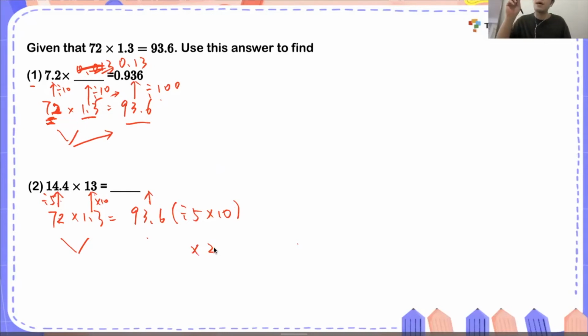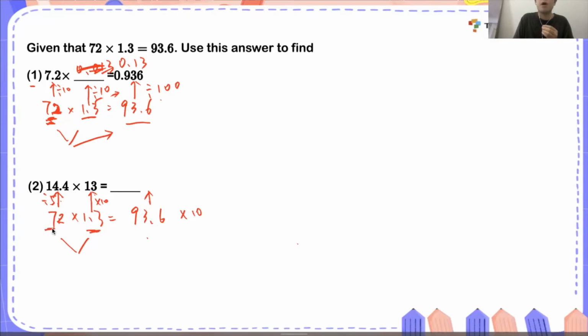One multiplier is times 10. If I change this multiplier from 1.3 to 13, we just times 10, right? So this change will result in the same change. Okay, so I finish this part.